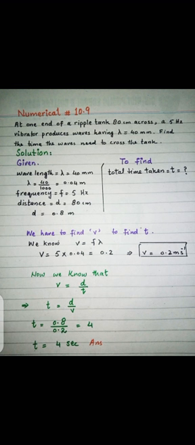Now we know that velocity is equal to displacement over time. From this relation, t equals d over v. By putting the values of d and v, we get t equals 0.8 over 0.2 which is equal to 4. Hence the total time taken by the waves is equal to 4 seconds.